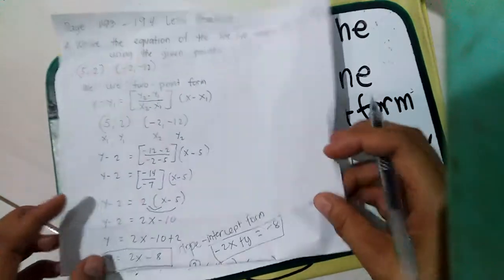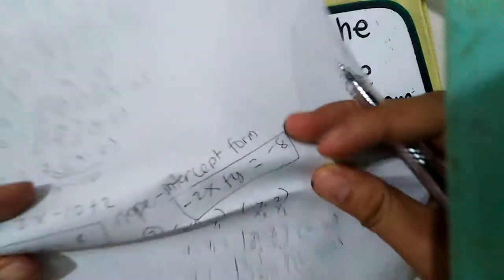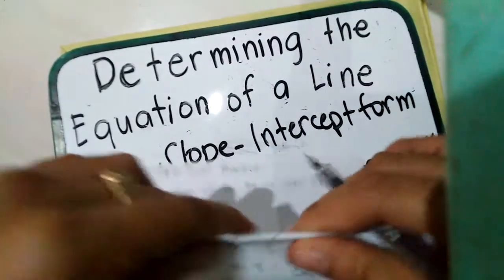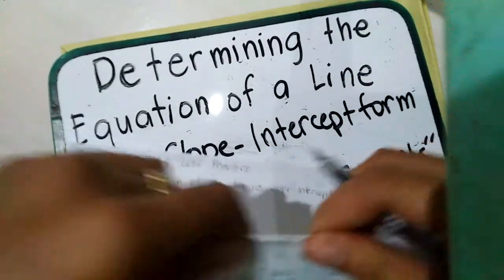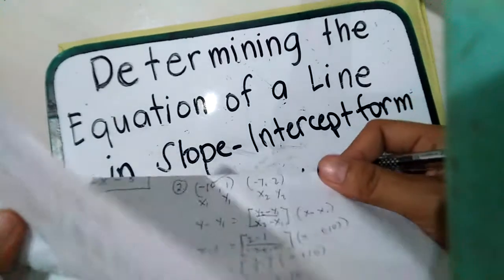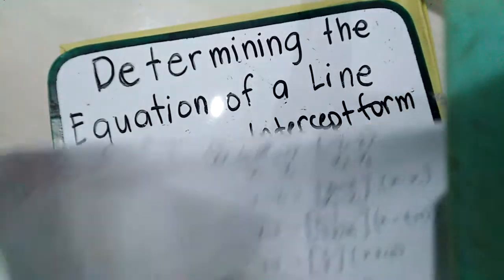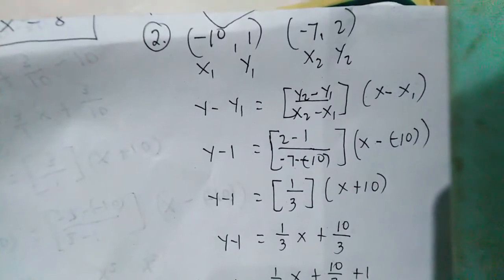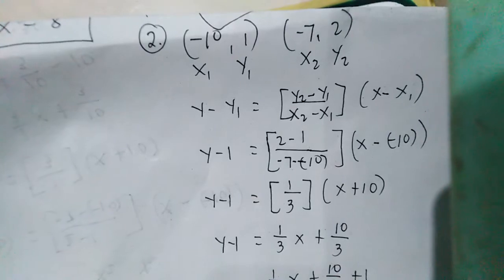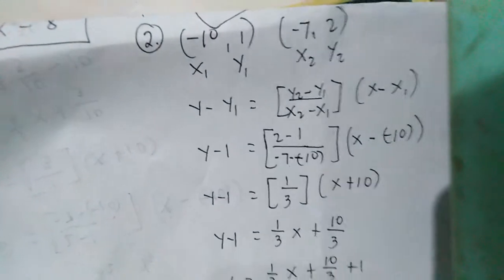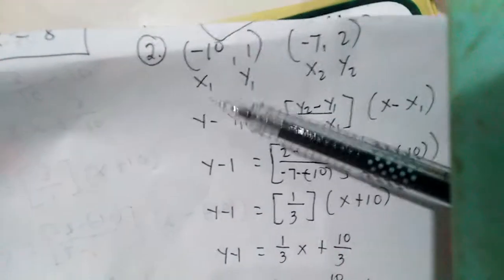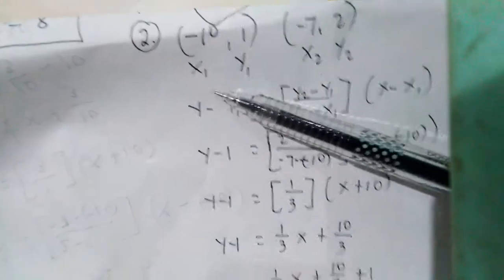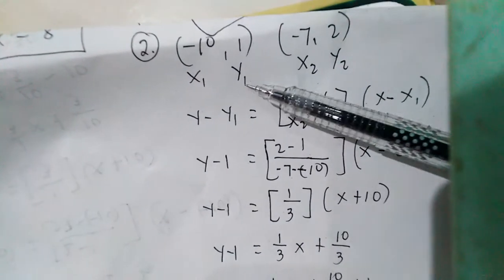Okay, another example. I have here two points: negative 10, 1, then negative 7, 2. So negative 10 is our x sub 1, and 1 is our y sub 1.